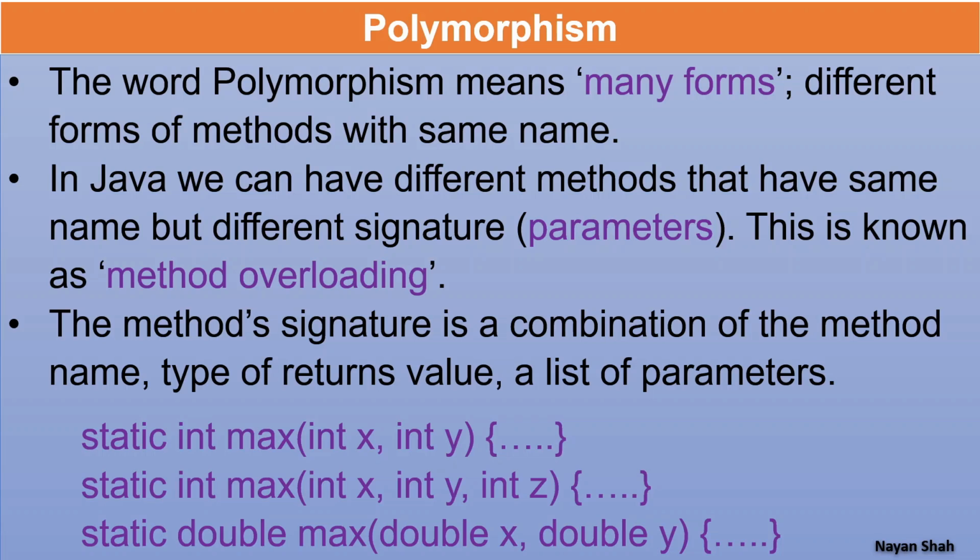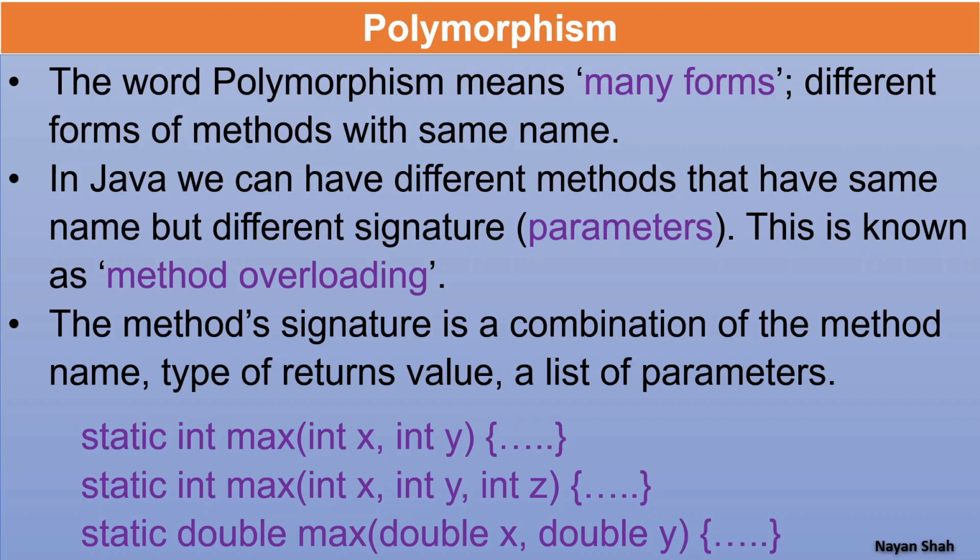For example, the first and second methods have the same return type and the same name, but the lists of parameters are different. In the first max method, there are only two parameters, integer x, integer y. Whereas in the second method, there are three parameters, integer x, integer y, and integer z. The third method has a different return type and a different set of parameters.